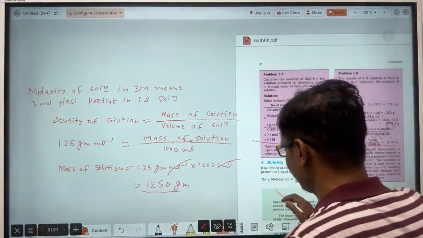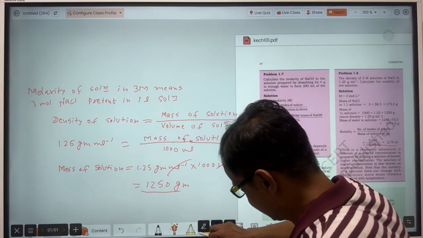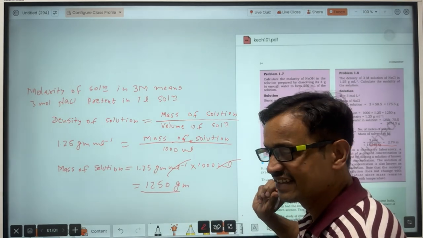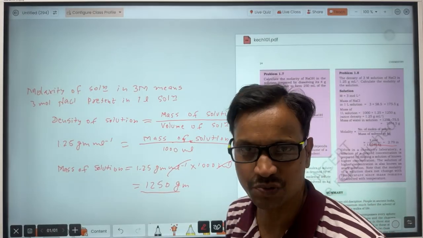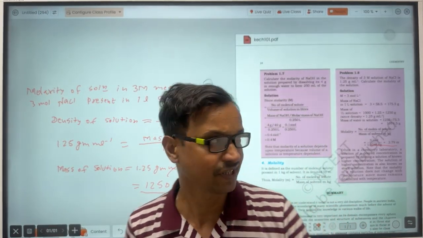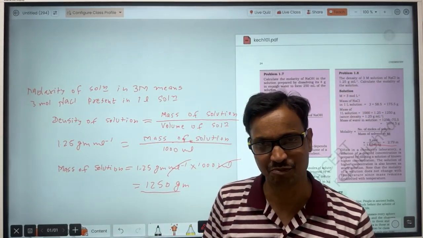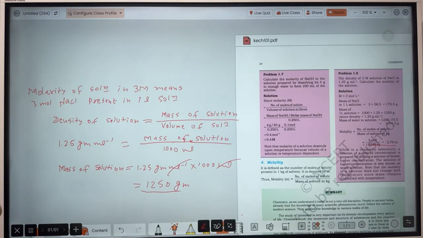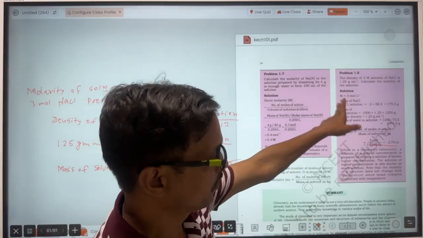And I have calculated that 3 moles of NaCl is present in 1250 gram of the solution. It doesn't mean firstly in terms of volume, no, I have calculated in terms of mass. So the mass of NaCl present in solution is how much? That is 3 into its molecular weight.